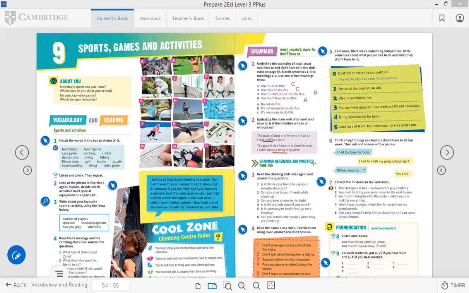Okay, so let's check some of the grammar here. Let's go automatically to page 155. Okay, so go to that page, students.